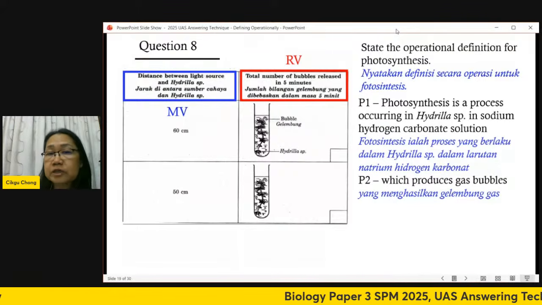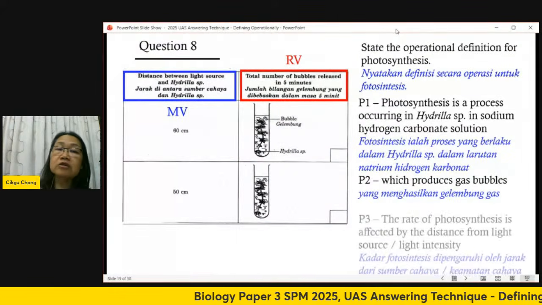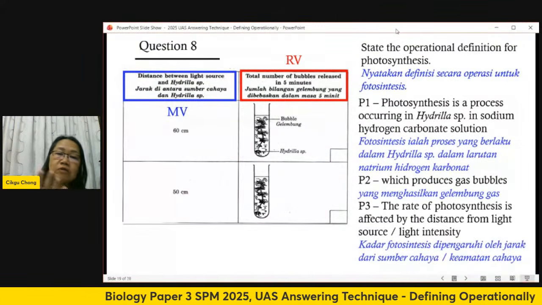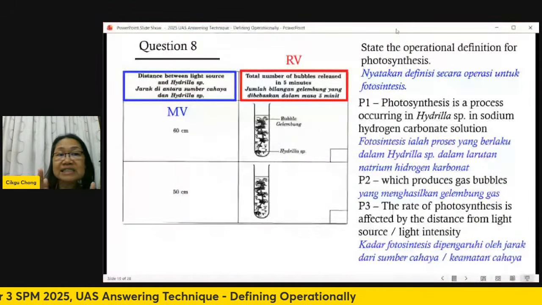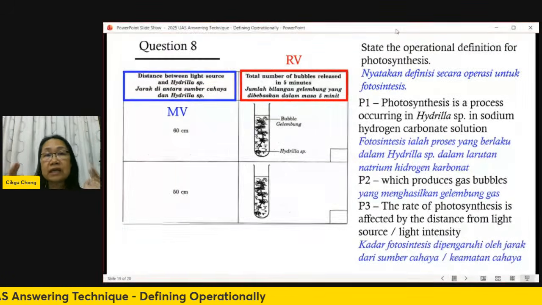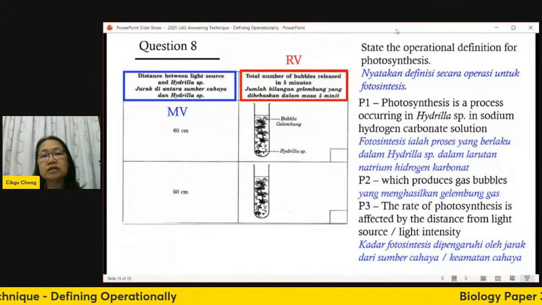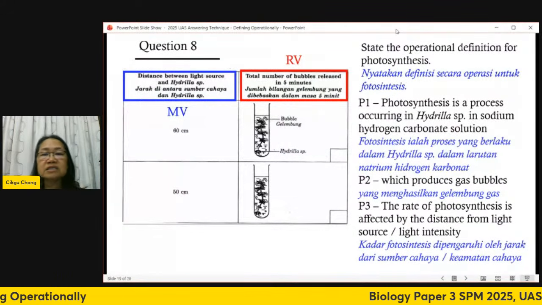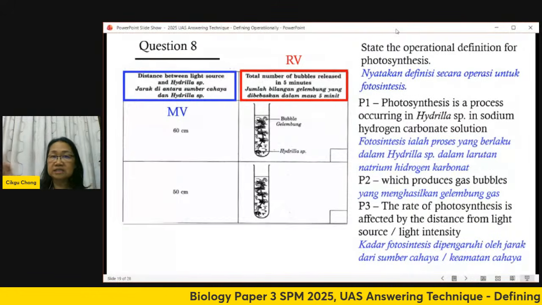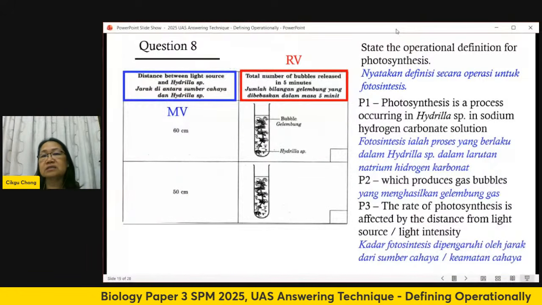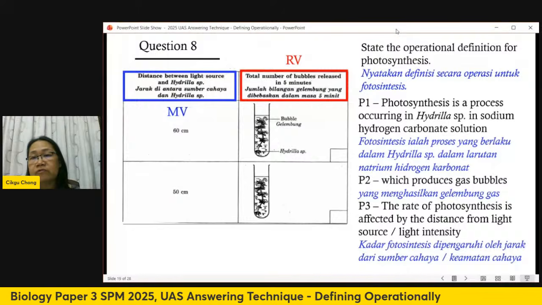And what about point 3, the rate? How fast or how slow the bubbles are released is affected by the distance between the light source and the Hydrilla, or we call it light intensity. So the distance actually represents the light intensity. So the third point is always the manipulated variable.